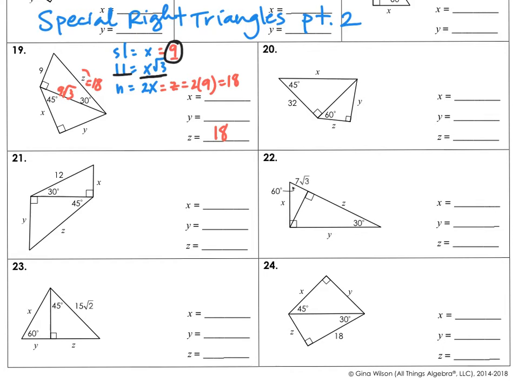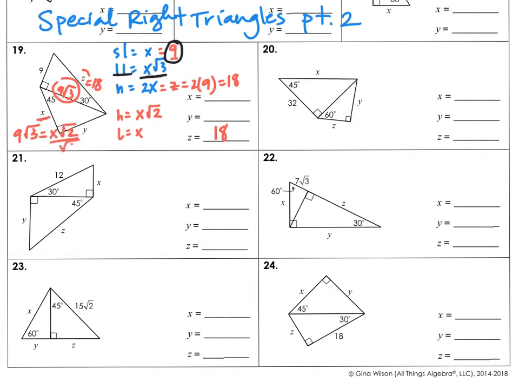So now we know that that is the hypotenuse for the other triangle. In the 45, 45, 90, you remember it was x root 2 for the hypotenuse, and the legs are just x. So if this is equal to x root 2, we're going to say 9 root 3 equals x root 2, and that's going to give us our actual x.